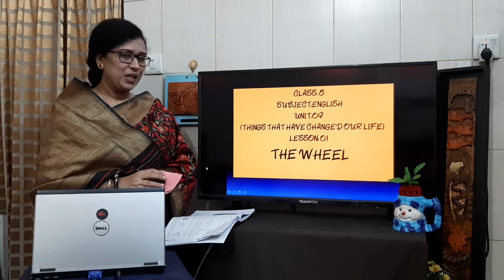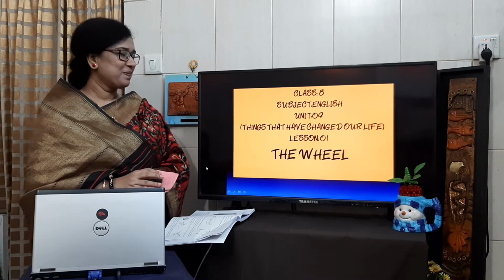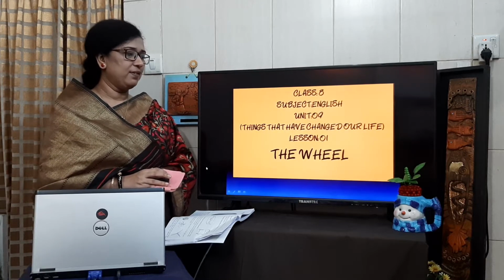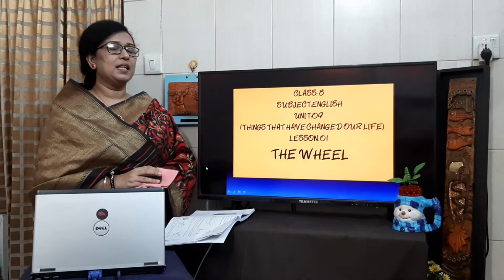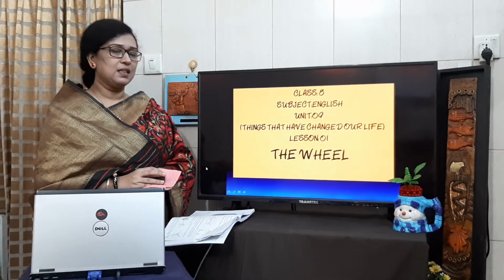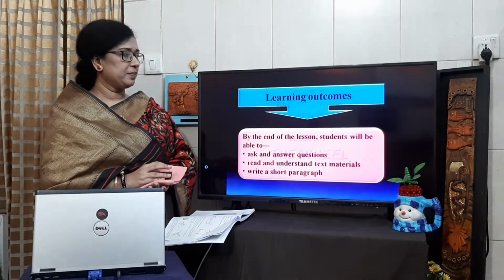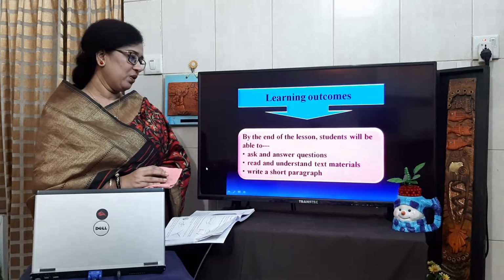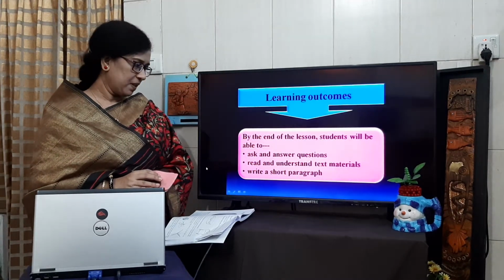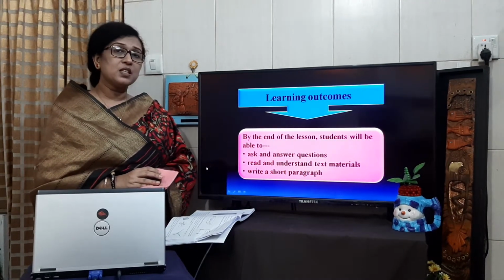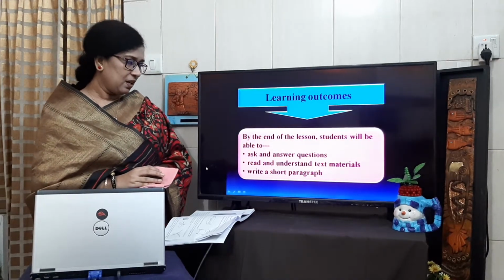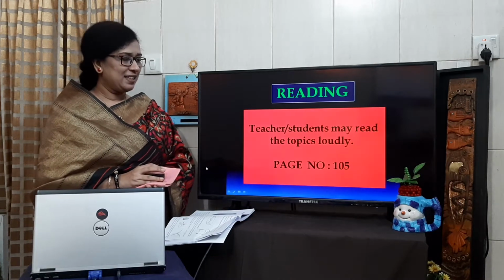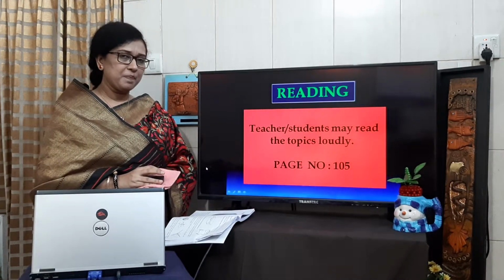Now we are going to read unit number 9, things that have changed our life, and the lesson number 1. And the name of the lesson is the wheel. After studying this lesson, we will be able to ask and answer questions, read and understand text materials, write a short paragraph. And there is a time for reading.